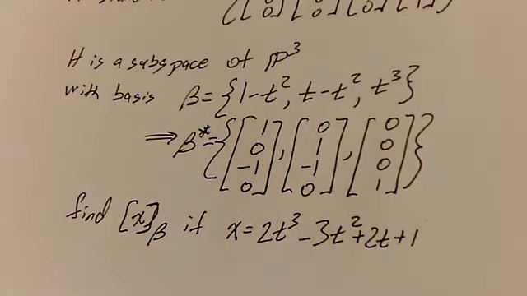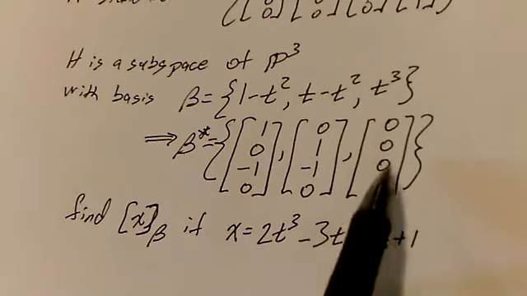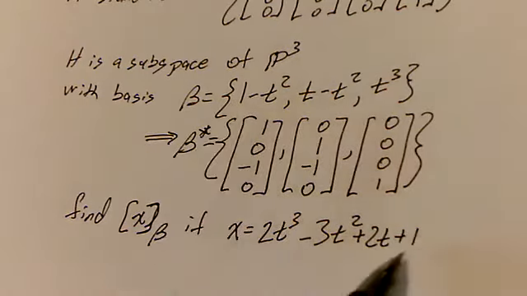We can do some eyeballing of this setup and start to figure some things out. I know I'm going to need 2 copies of this third vector because it's the only one with t cubed in it. But I've got some interactions between t squared and t. I could probably guess it out. For instance, I can match up the ones.